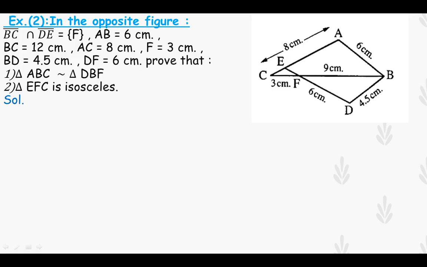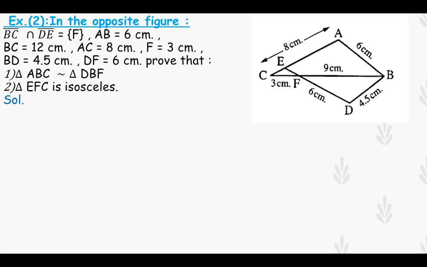He wants to prove that triangle ABC is similar to triangle DBF. And he wants to prove that triangle EFC, the smaller one, is an isosceles triangle.